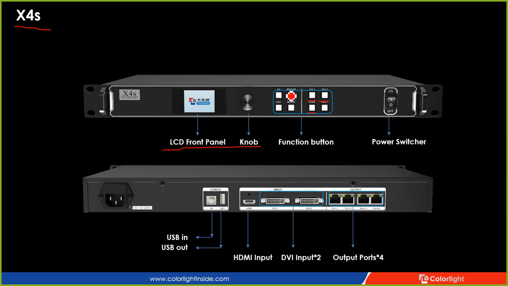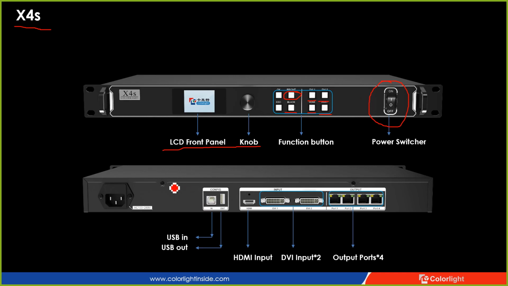And the others are the function buttons. For example, this is to change the brightness. This is to let the LED screen go black directly. And this one is to change from the pixel to pixel to the whole screen display. And on the right side, this is the power switcher. Turn off and turn on the power.